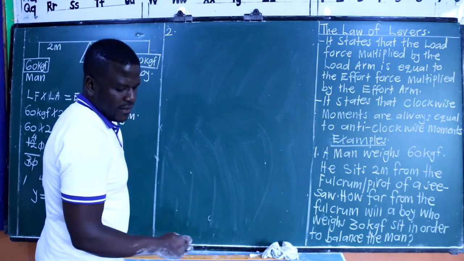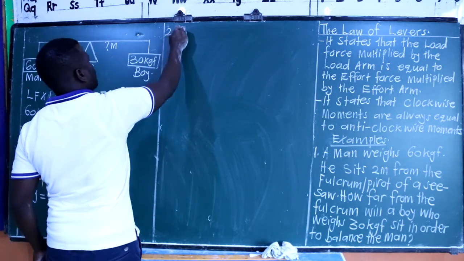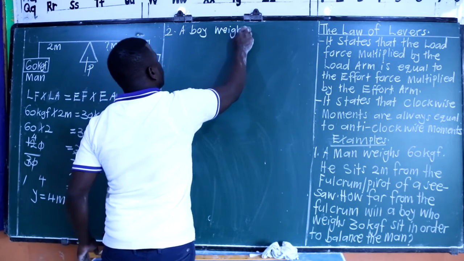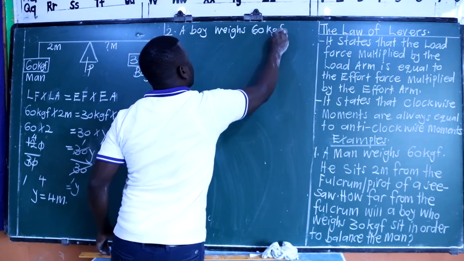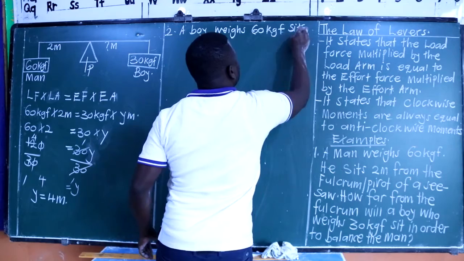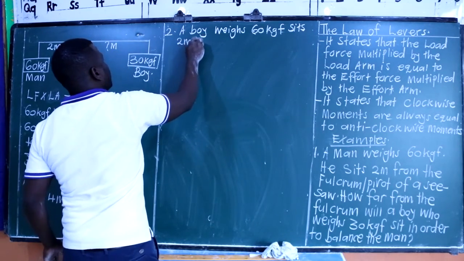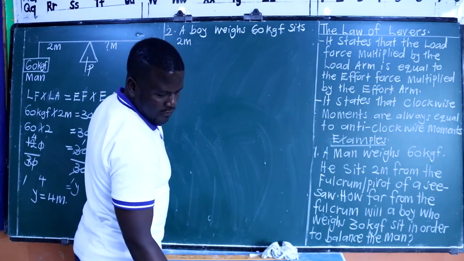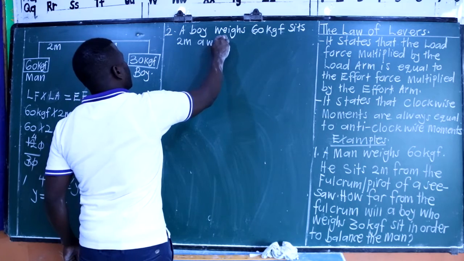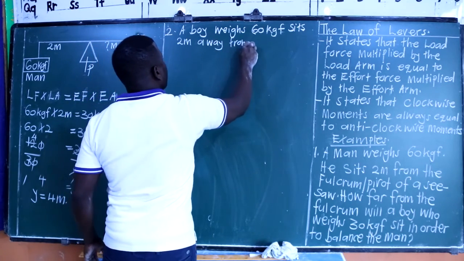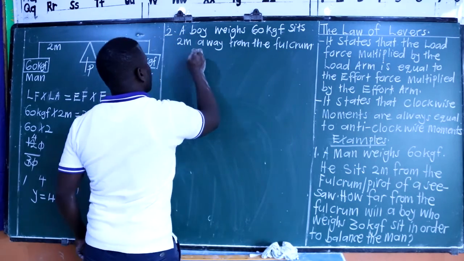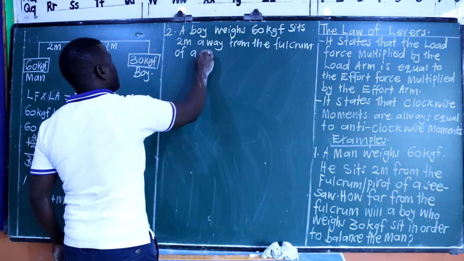A boy weighing 60 kilogram force sits 2 meters away from the fulcrum of a seesaw.